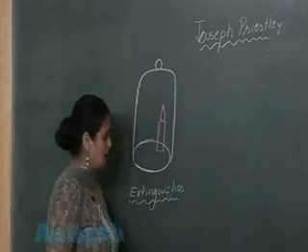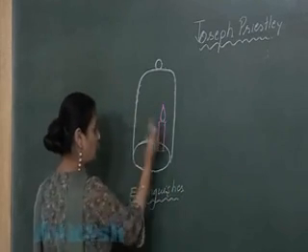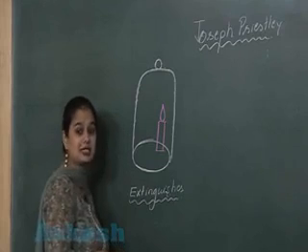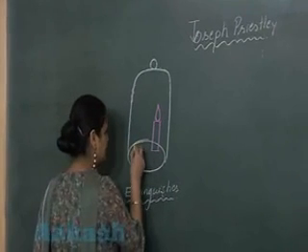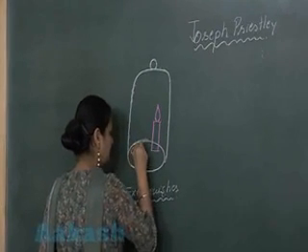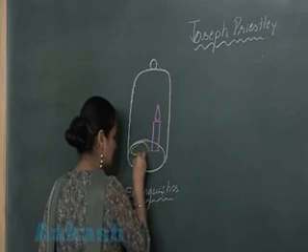Right? Now later what he did, along with the burning candle, he placed a mouse here. So along with the burning candle, he placed a mouse in this closed jar.